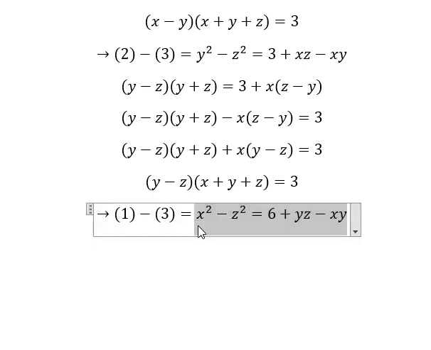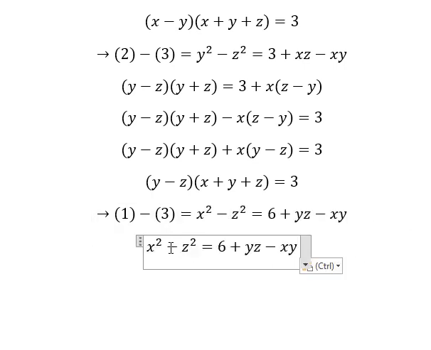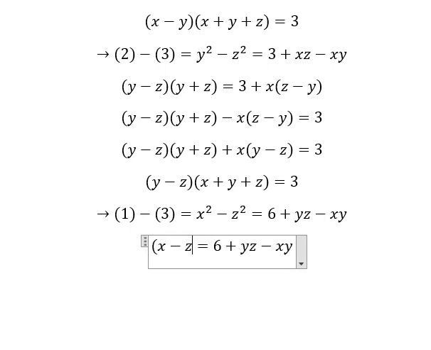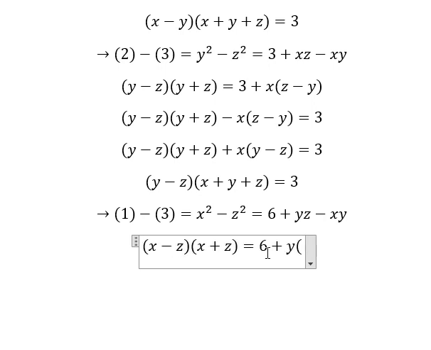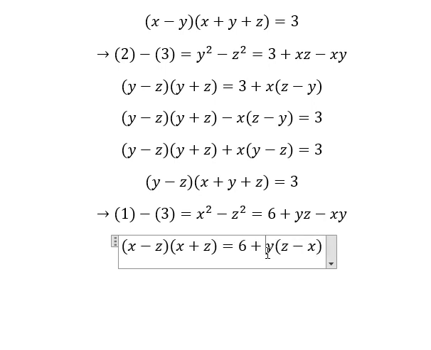So this one is about identities. So that should be s minus z, s plus z. This one we can do factorization. So that should be y multiplied by z minus s.